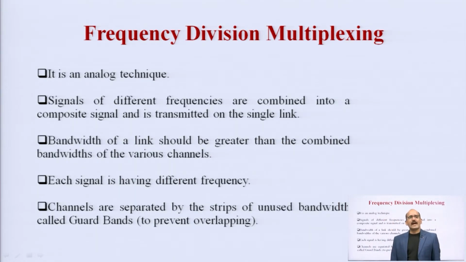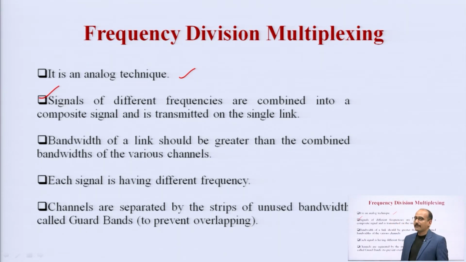There are some key points of frequency division multiplexing. It is an analog technique. In this technique, signals of different frequencies are combined into a composite signal and then transmitted on a single link.